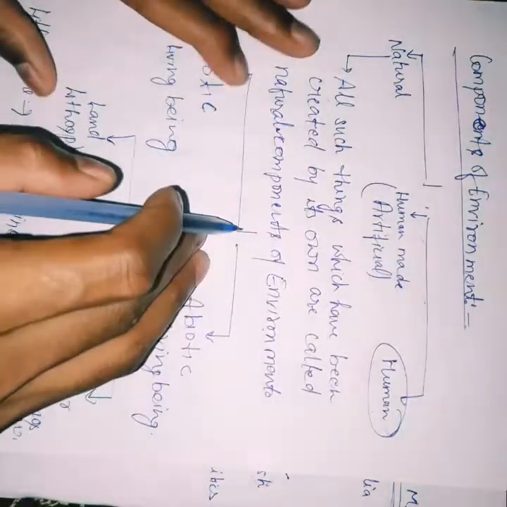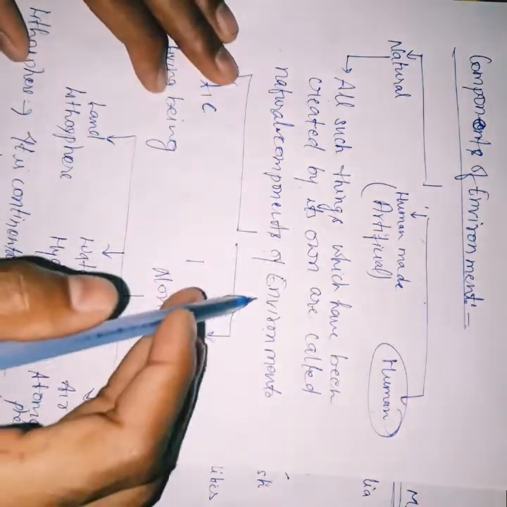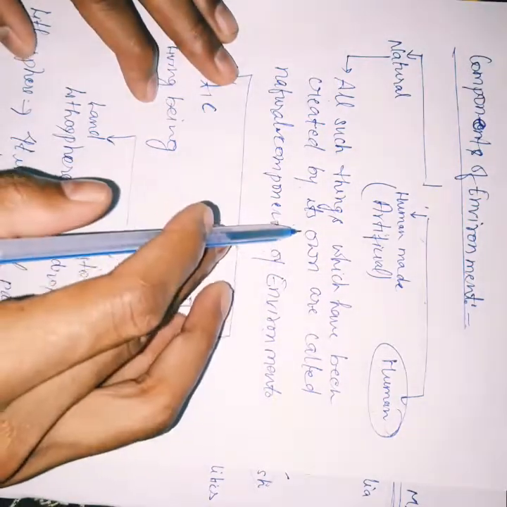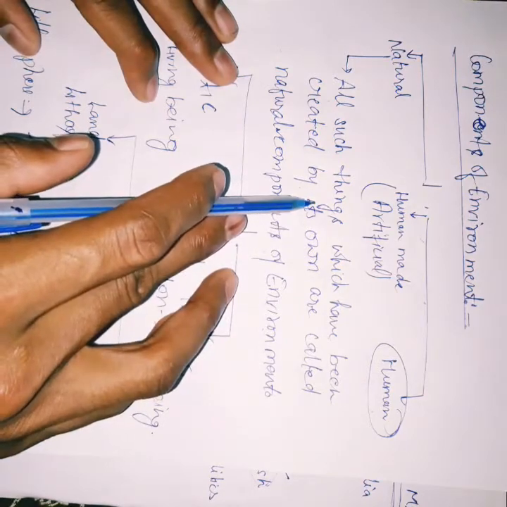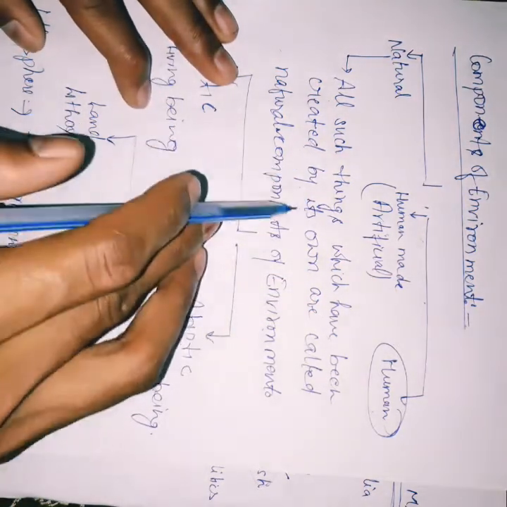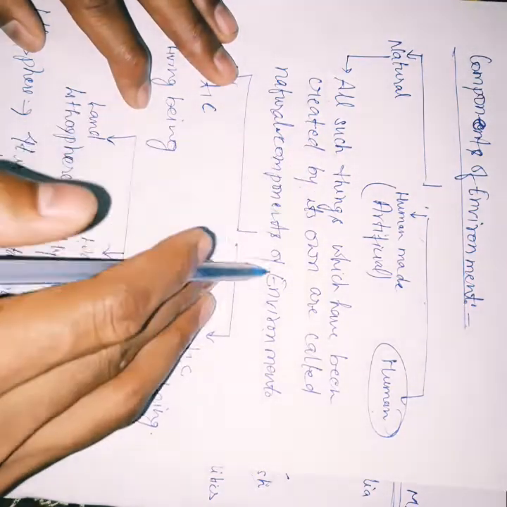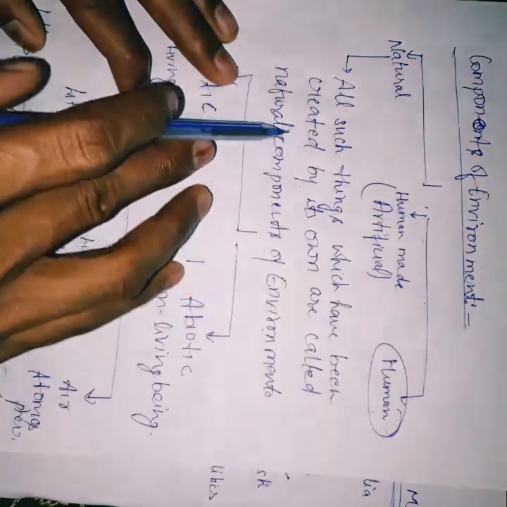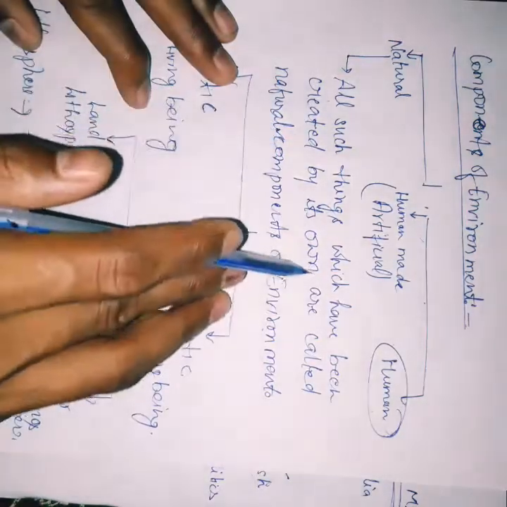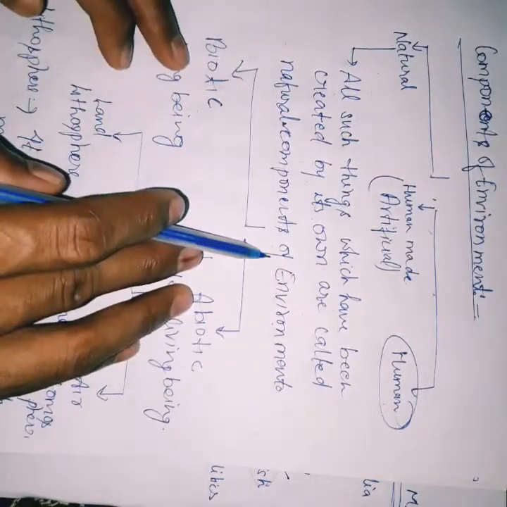We don't manufacture everything. Like we see the mountains, the rivers, the forests, and the land also. These things are not made by humans; they have been created on their own. So all such things which have been created on their own are called natural components of the environment.